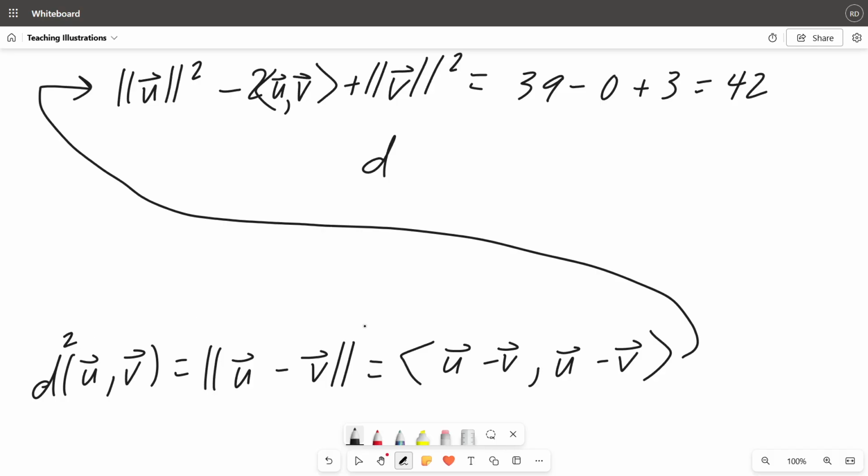Distance squared is norm squared, is times itself, is this, and then the distance at the end is root 42. Yeah, like I said, usually people calculate distance squared and then just do the square root at the end, so that's kind of what we did here. Okay, so that's all for the inner product space, and I'll see you in class.